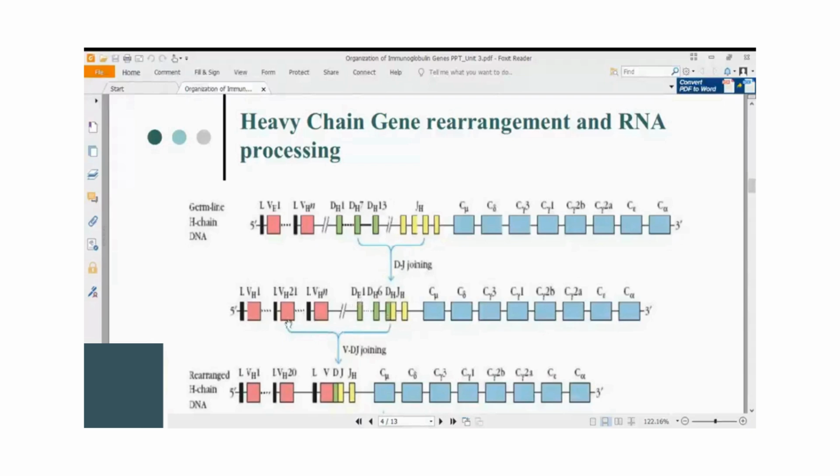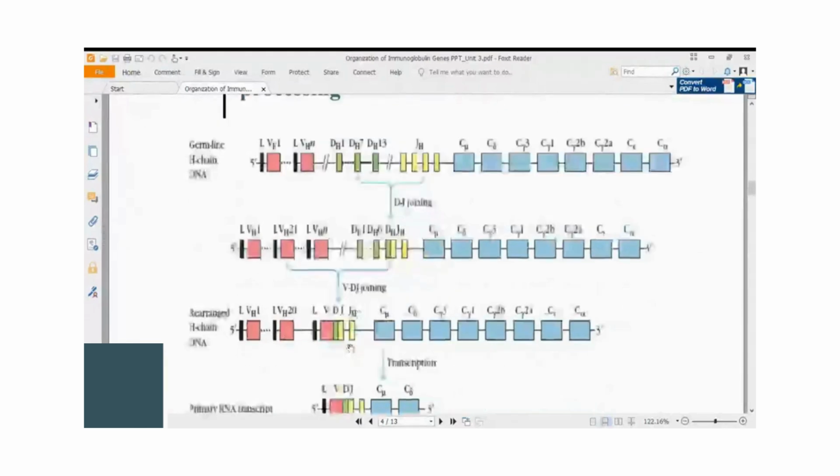The splicing takes place between one of the variable region segments and the DJ segment. Now here VDJ joining has taken place. Similar to that we had observed, there is one additional J segment that needs to be lost. It will be lost when this VDJ segment first recombines with C mu.